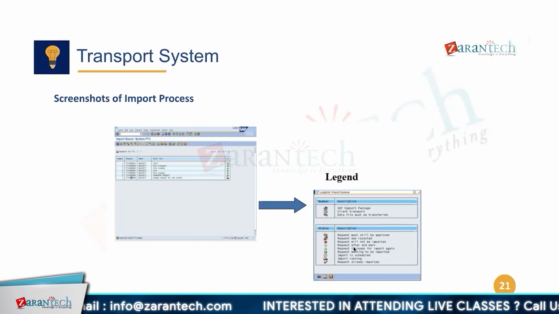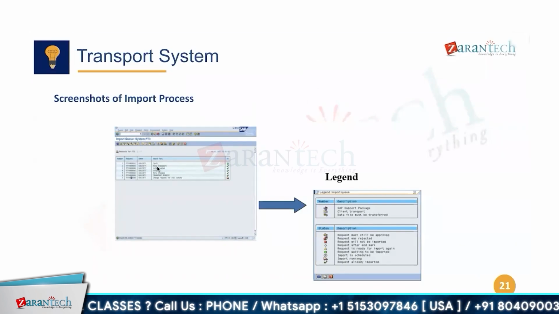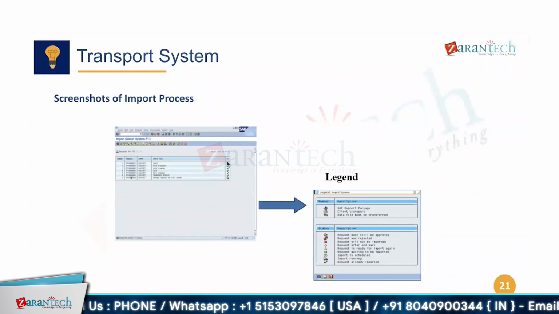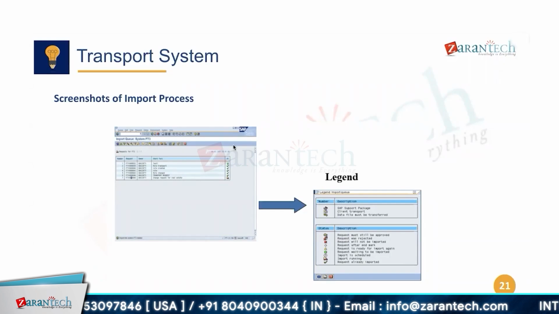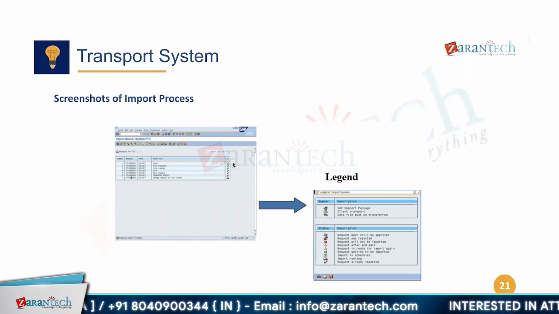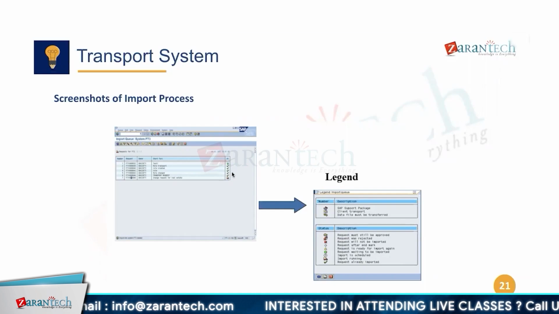These are the statuses you find. Let me put the left-hand screen, this one. So you see here, green means this is ready to be imported. Tick mark means, on this screen I am talking about, guys, it is successfully imported, successfully imported, successfully imported, this transport.